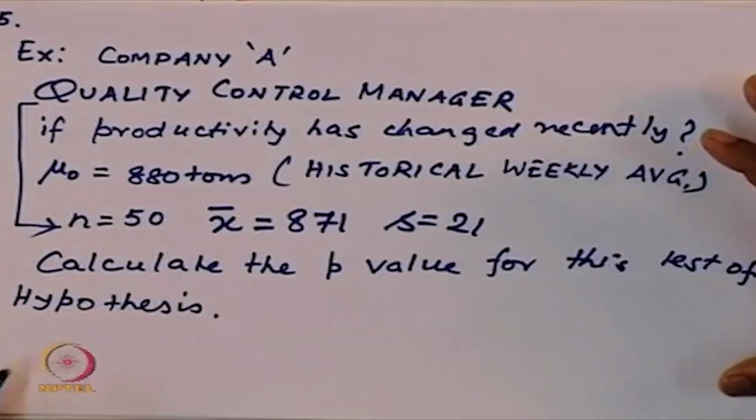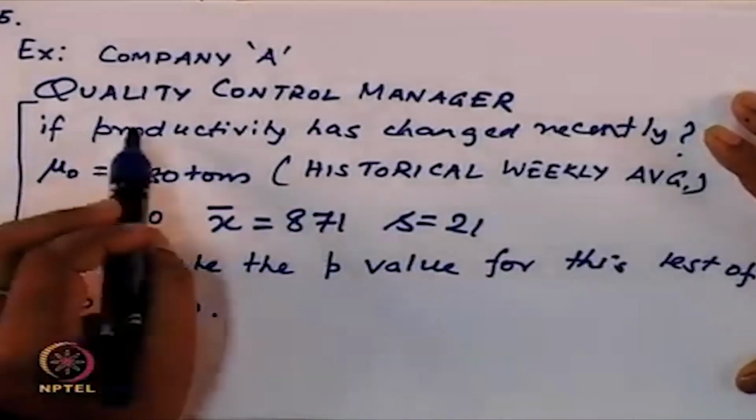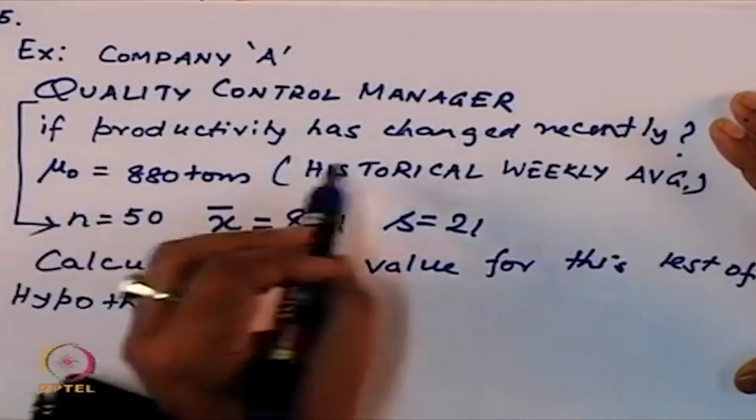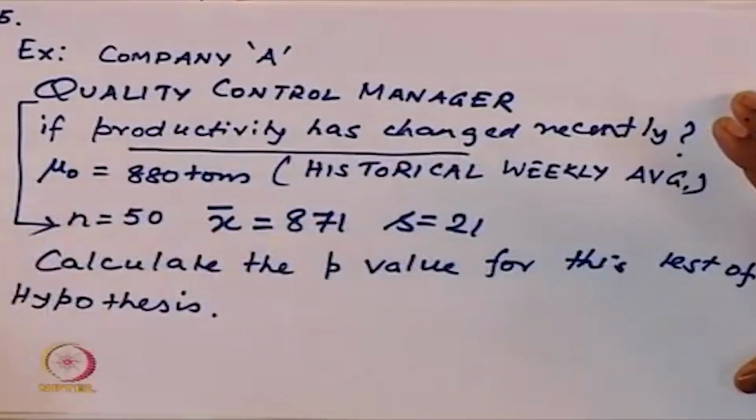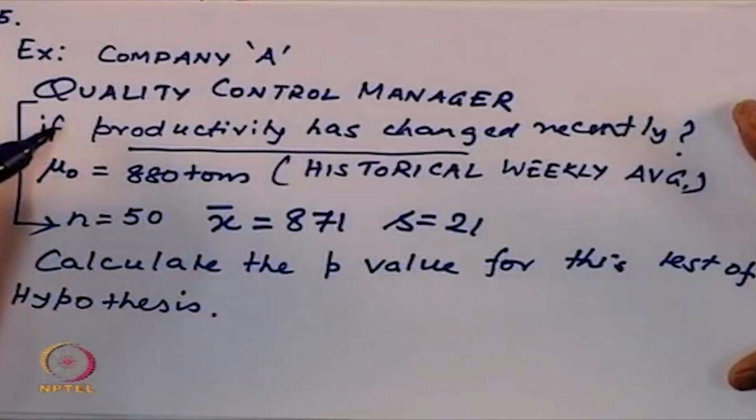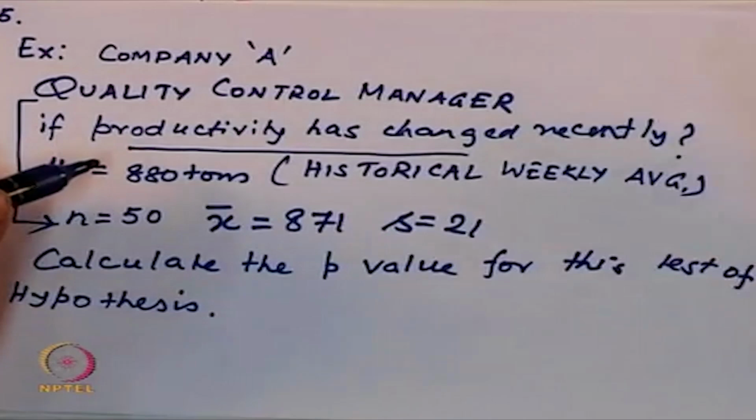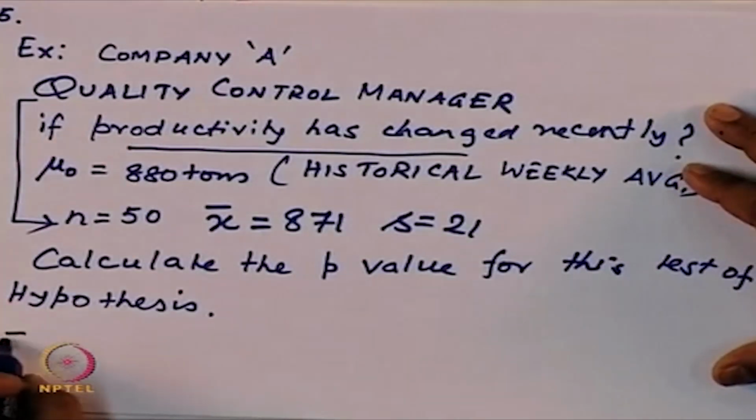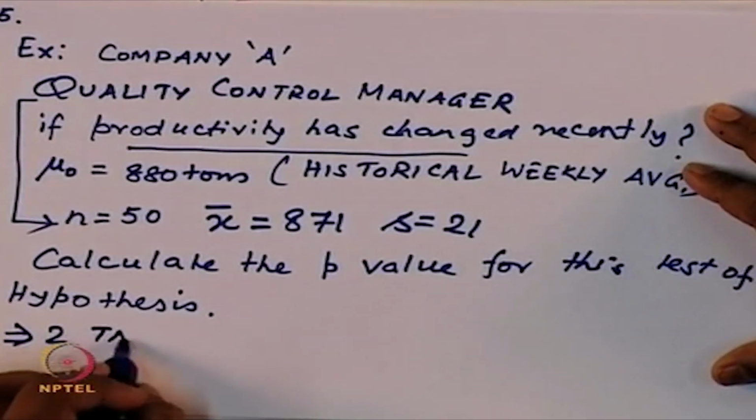What you note is the quality control manager wants to evaluate if productivity has changed, which means he does not want to see whether it has increased or decreased. So, this implies this is a two tailed test.